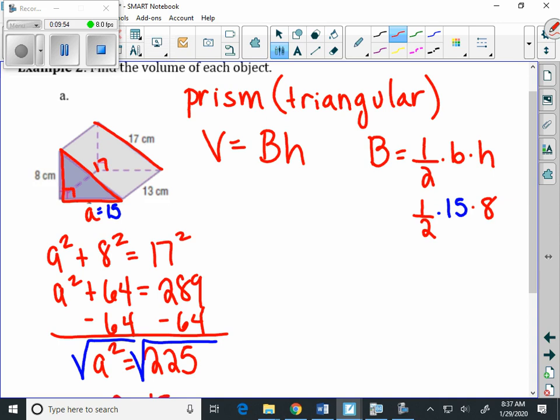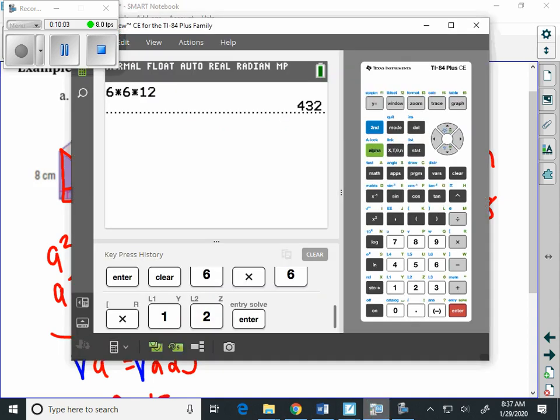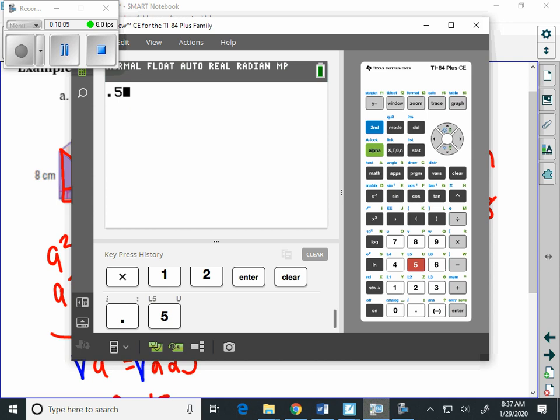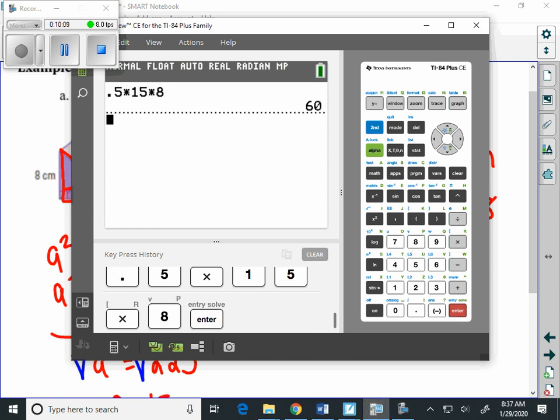Remember here, even though my picture's a little bit off, that's a right angle there. So when we type that value in, 0.5, which I use for 1/2, times 15, times 8, gives us 60.